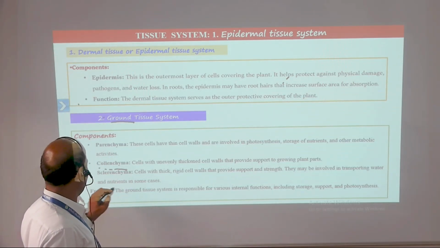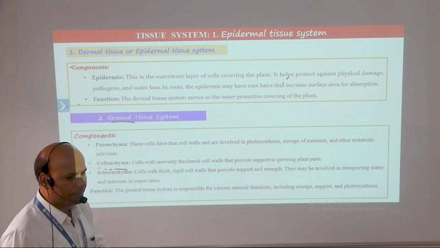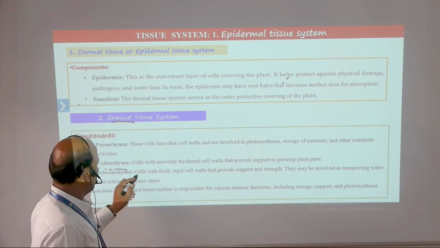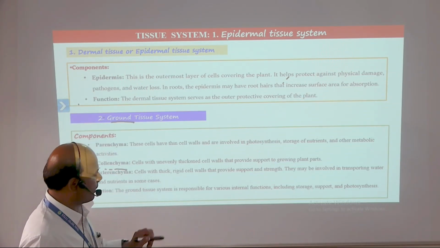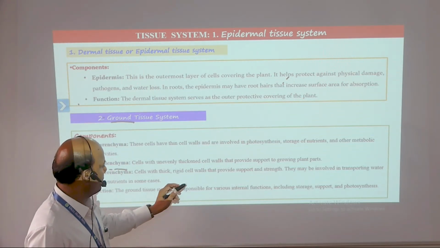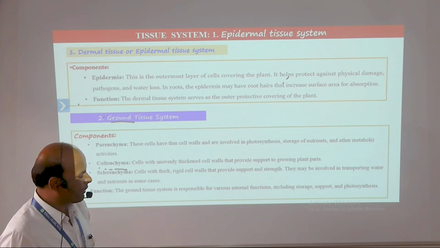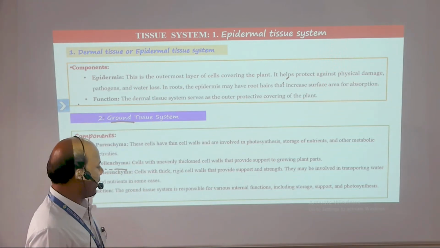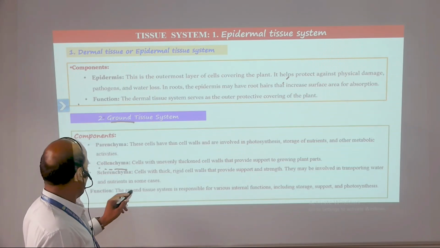Now the third tissue is sclerenchyma. It is a dead tissue, another simple tissue. Its cells have thick rigid cell walls that provide support and strength to the plants. They may be involved in transporting water and nutrients in some cases.